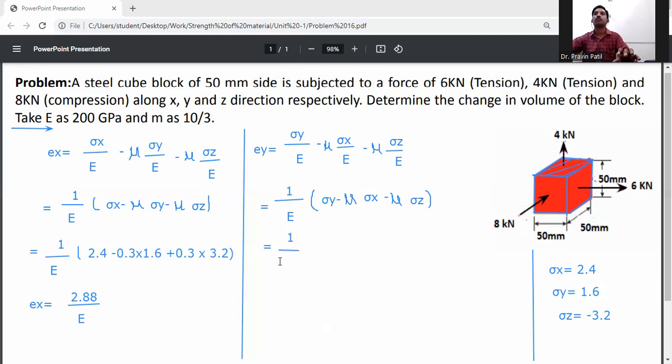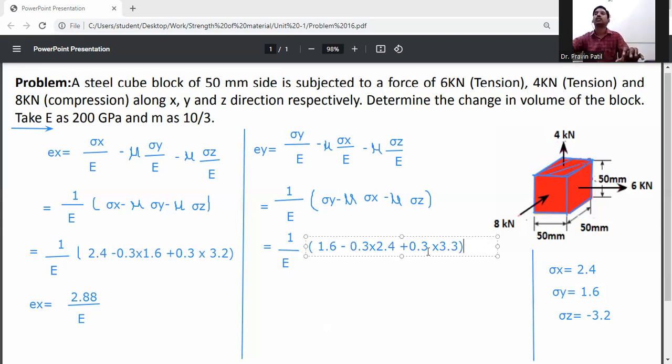Put all these values here in terms of E: 1 by E in bracket, sigma y will be 1.6, minus mu, which is 0.3, into sigma x, which is 2.4, then sigma z is minus, so it will become plus 0.3 into 3.2.